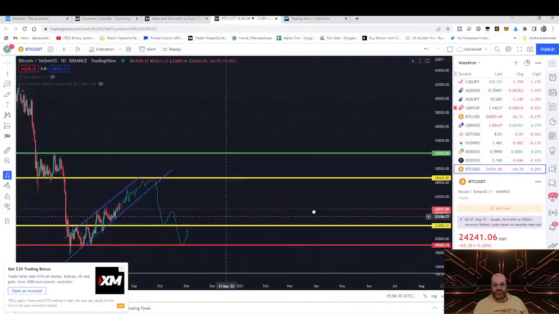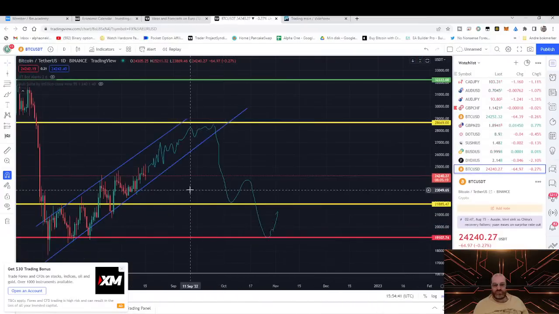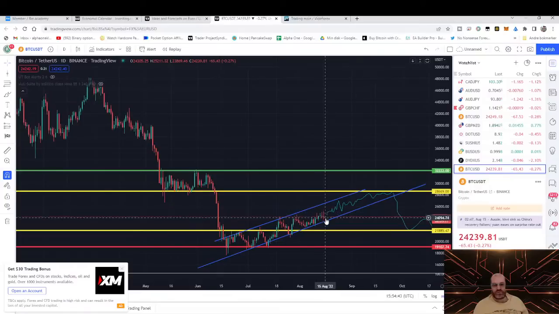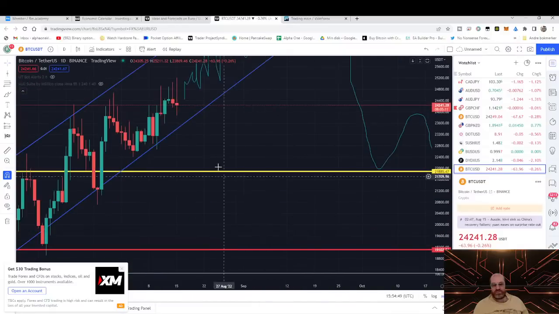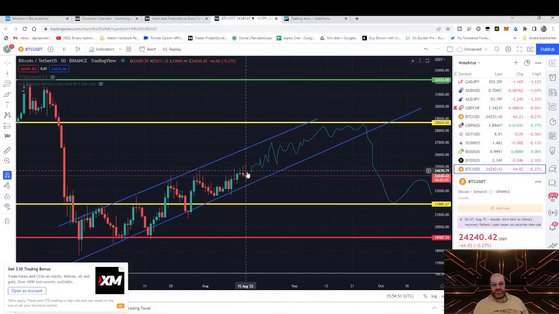So not much to do here on Bitcoin right now, because if you take a long or short position it is basically just gambling. We can't trade this, basically. Of course, for the ones that want to hold Bitcoin, it's a good time to buy at any value between the yellow and the red.